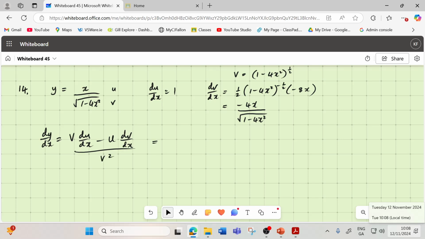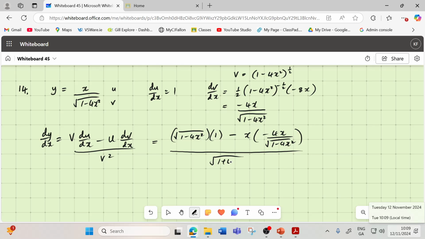So v is the square root of 1 minus 4x squared, du/dx is 1, and dv/dx is minus 4x over the square root of 1 minus 4x squared, all over v squared, which is 1 minus 4x squared.